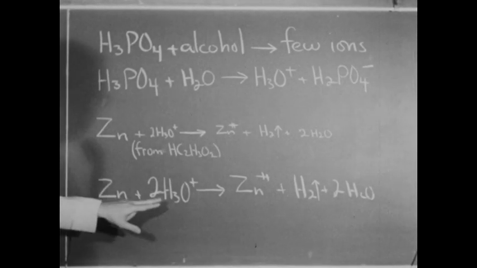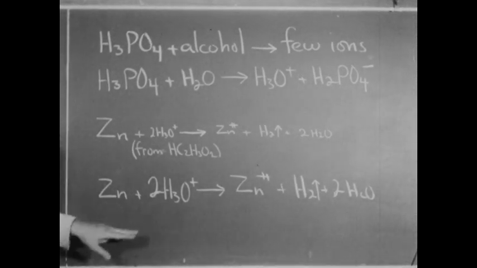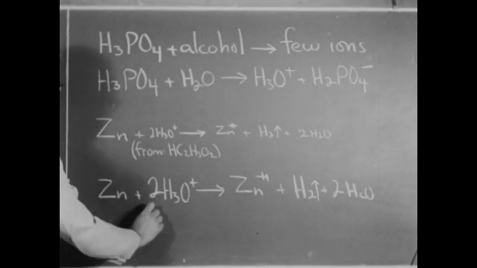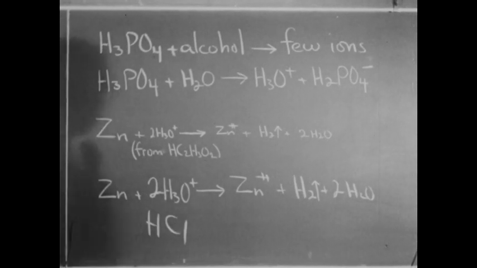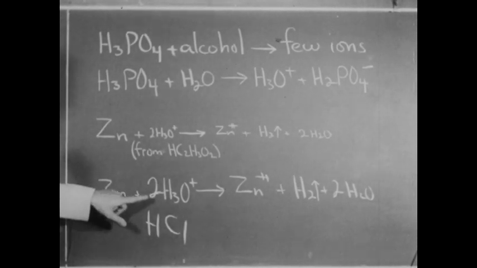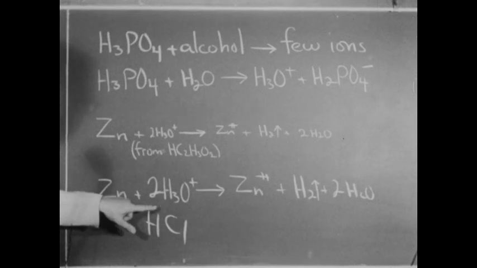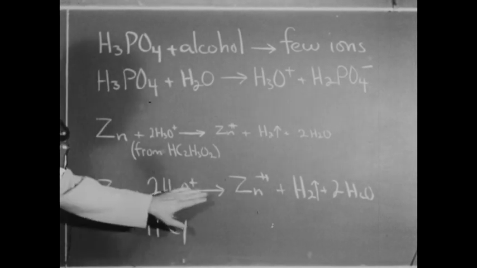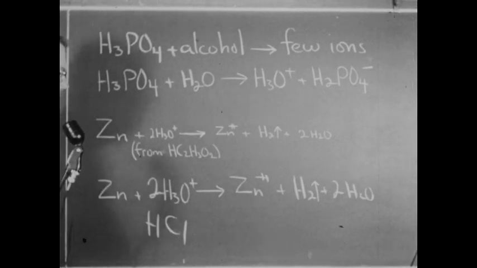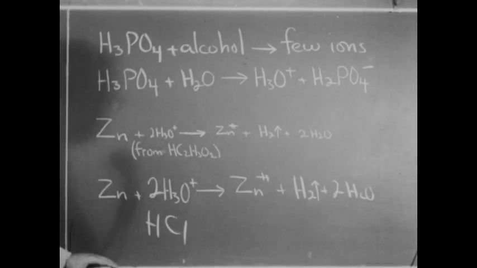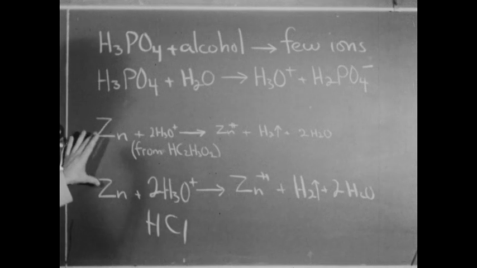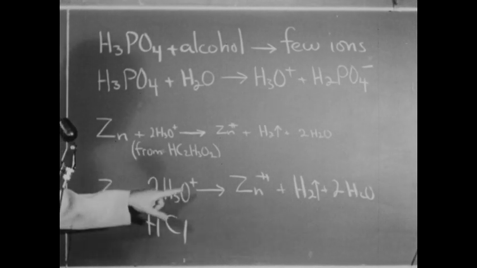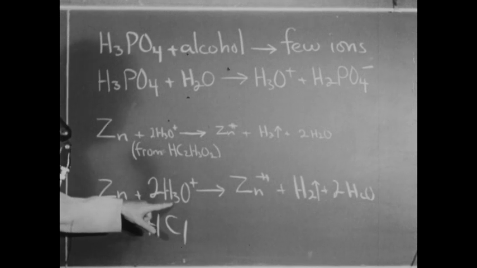However, when we used large amounts of hydronium ion, which can be obtained from any strong acid, in this case hydrogen chloride, we found that this high concentration of hydronium ions resulted in a rapid reaction and the rapid production of hydrogen. So the rate of evolution of hydrogen, when active metals such as zinc react with acids, depends primarily on the concentration of the hydronium ion in the solution.